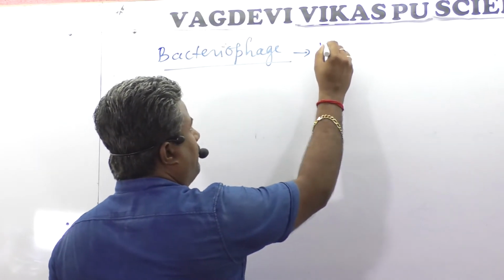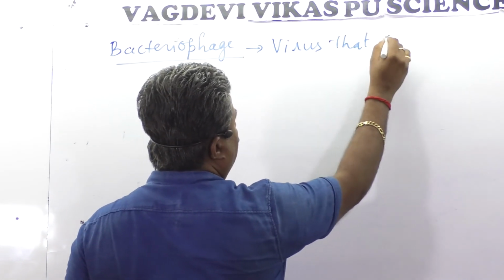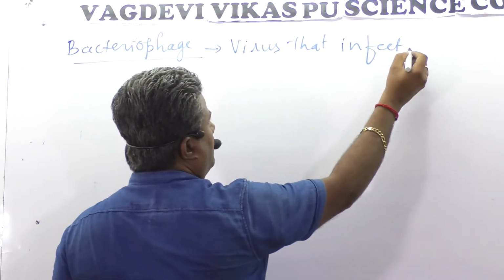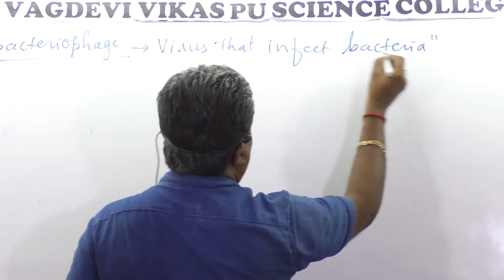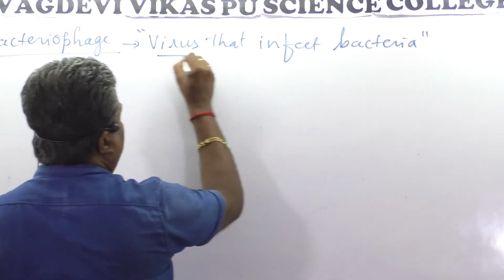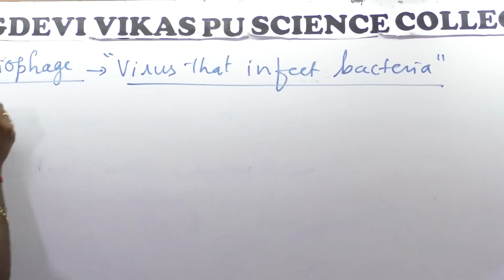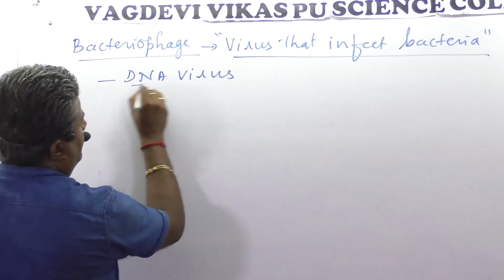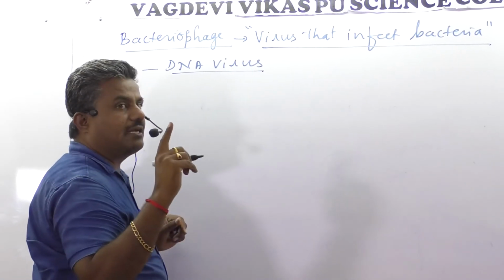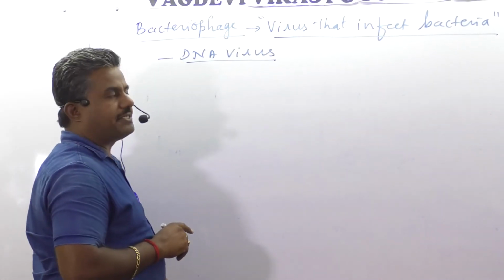It is a kind of virus that infects bacteria, called bacteriophage. So it is a DNA virus. TMV is an RNA virus, bacteriophage is a DNA virus.